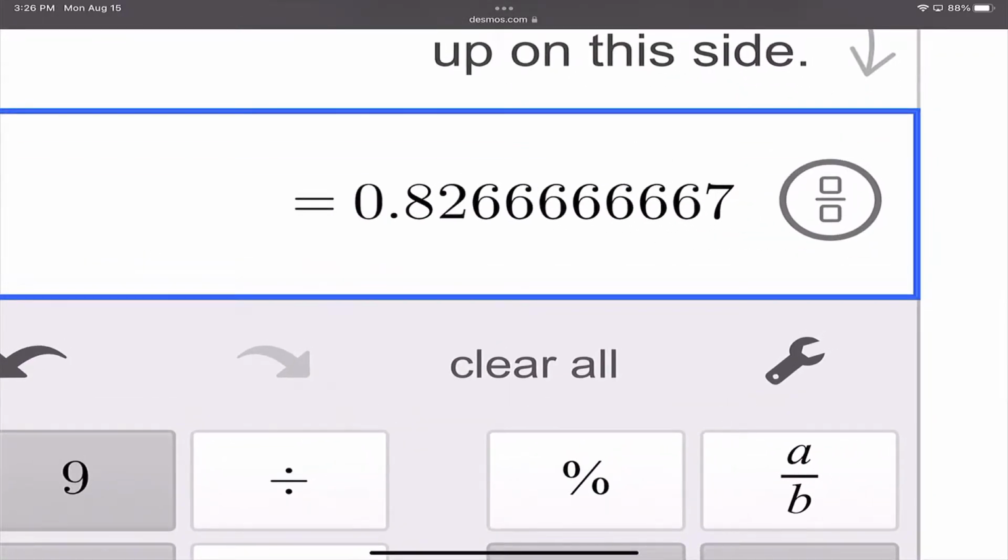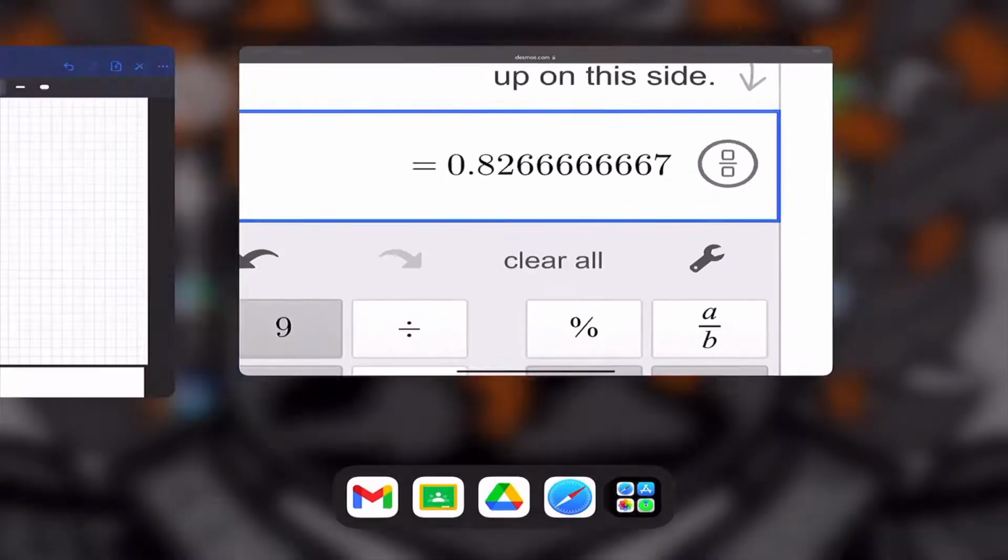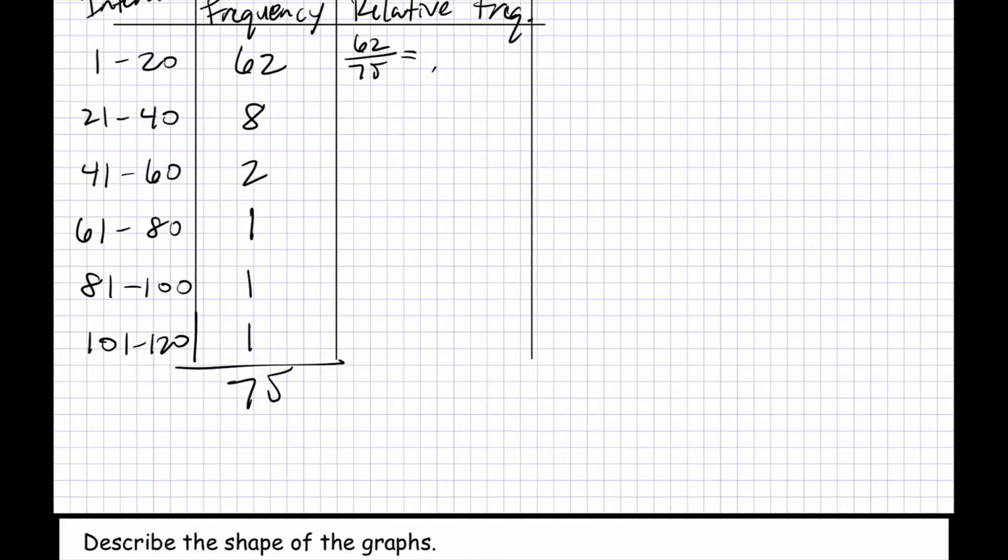So go 3 places. So 0.826, and then we round from there. The 6 after it says go up because it's a 6. So 0.827, which is the same as 82.7%.